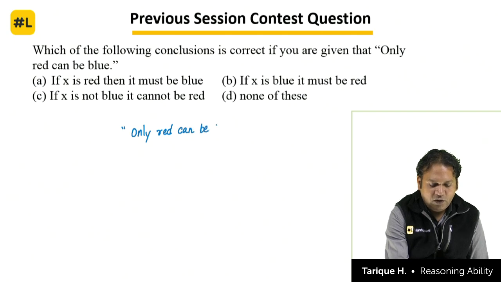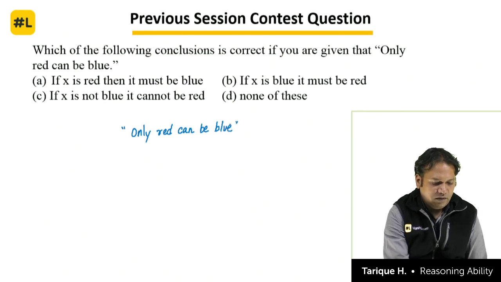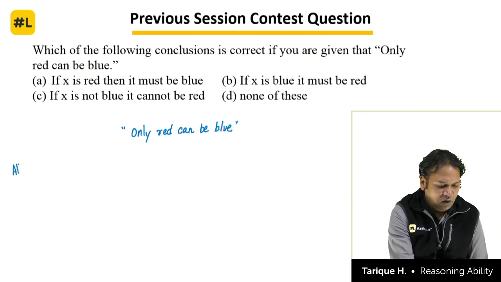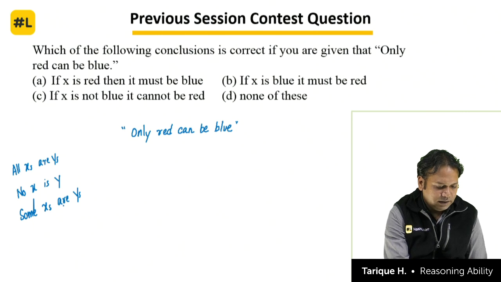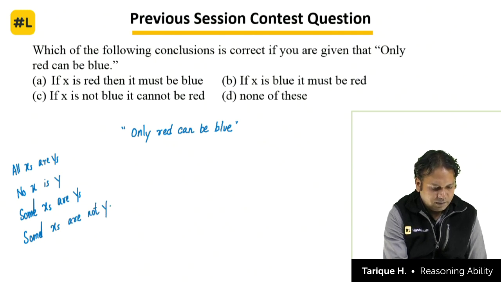Does it look like any of the four categorical propositions that we have seen? The four categorical propositions we had seen were: all x's are y's, no x is y, some x's are y's, and some x's are not y's.